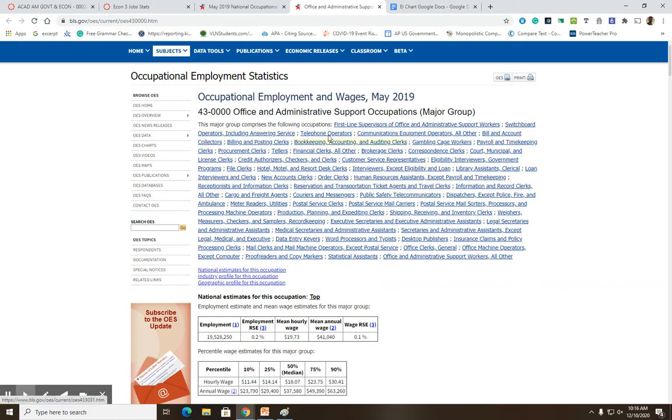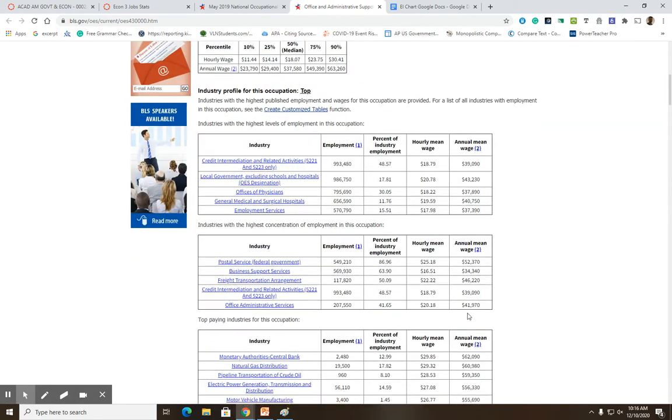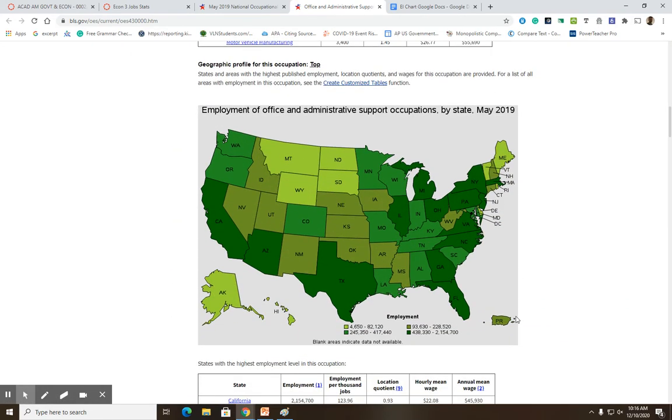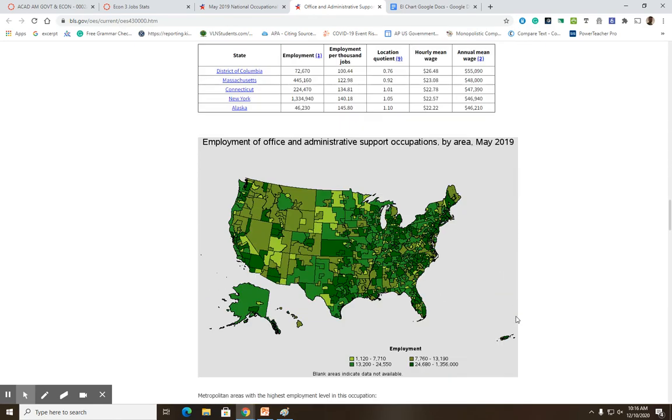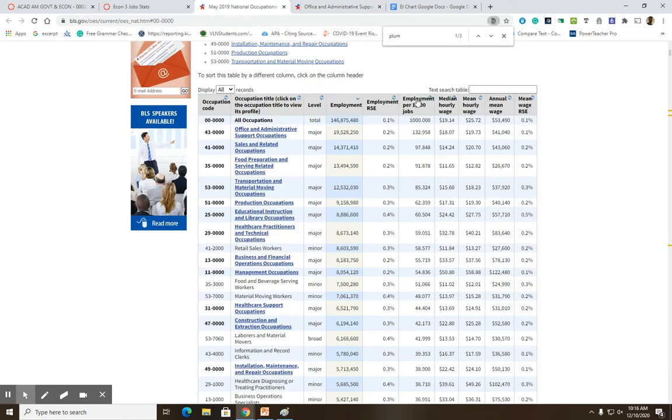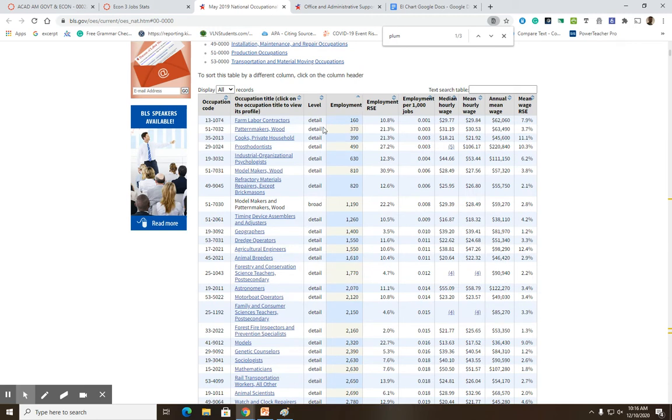The major group comprises a number of different types of people, and includes some more statistics about them and where they're more popular and so on, and breaks it up by state. So anyway, then you can reverse it and see what are some of the least.